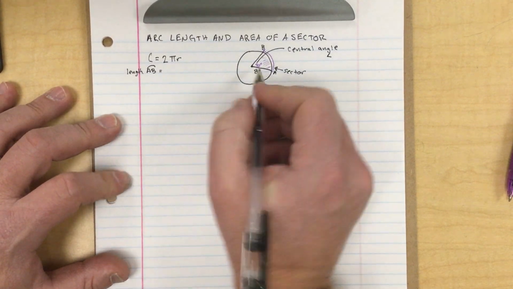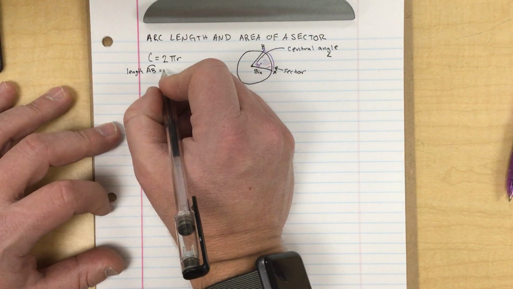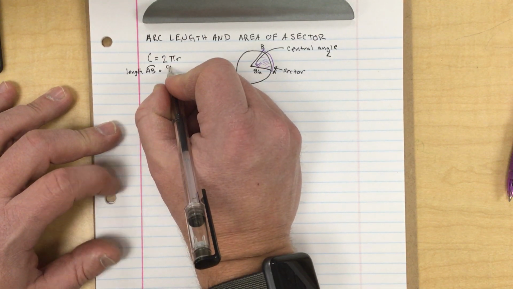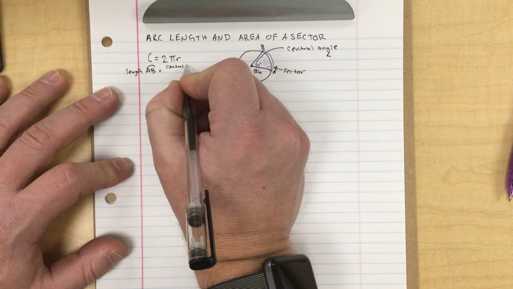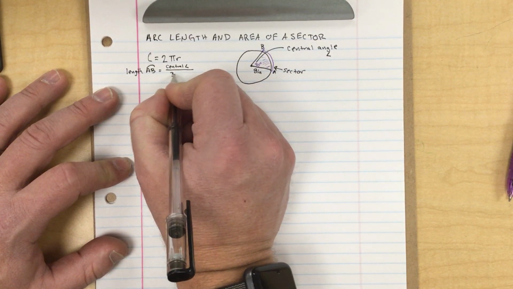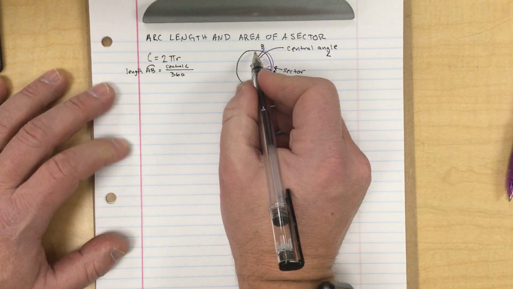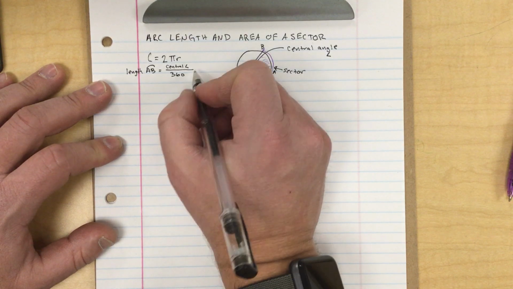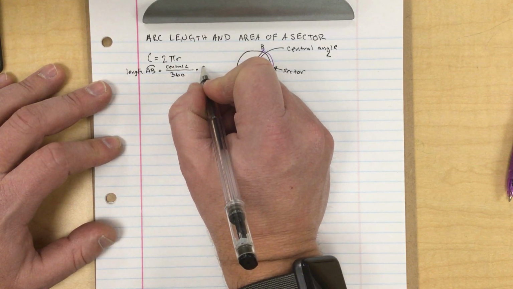What that is actually equal to is the measure of the central angle divided by 360, because that's how many degrees are in a circle. That's going to be the ratio of how much of the whole circle we have. And we're going to multiply that by the circumference.